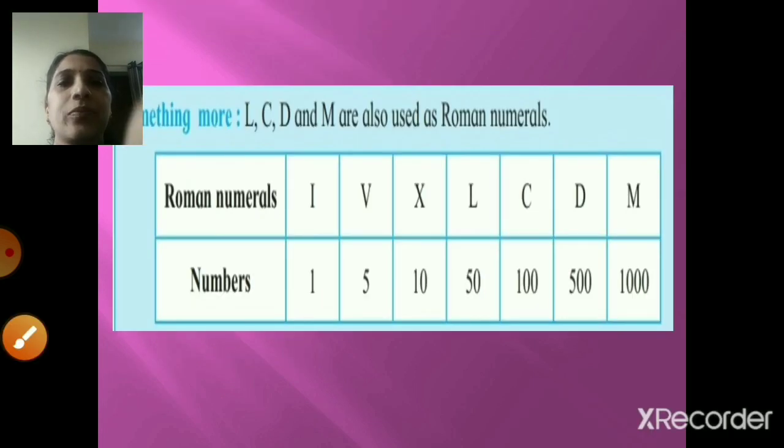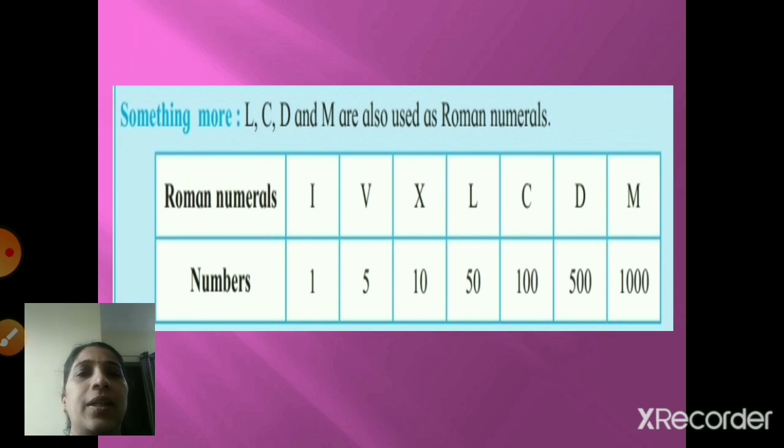Then you can see there are some alphabets given over here, and there are some numbers. These numbers have some symbols which are written in Roman numerals.